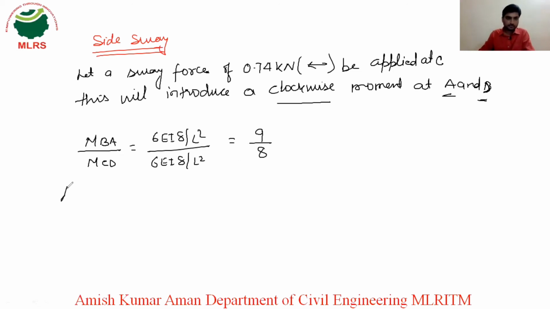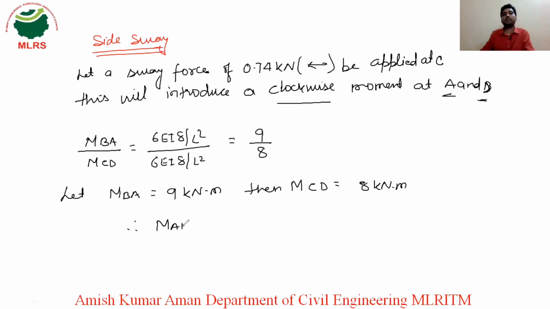So let MBA be 9 kilonewton meter, then MCD will be equal to 8 kilonewton meter. Therefore MAB will be equal to MBA, that is 9 kilonewton meter, and MCD is equal to MDC, that is 8 kilonewton meter.